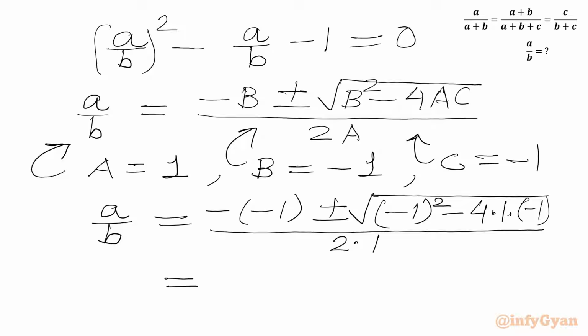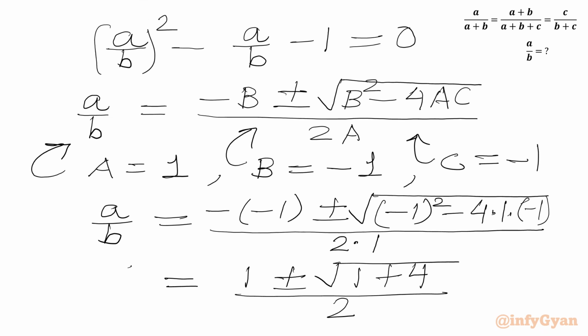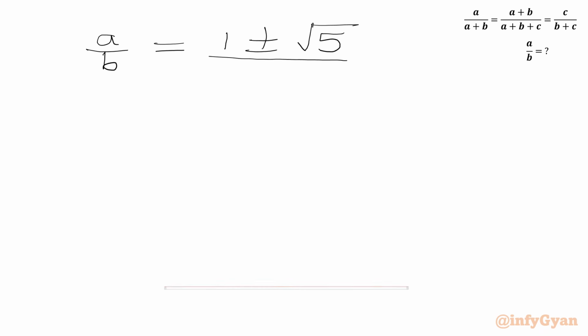Minus times minus becomes plus, so 1 plus minus square root of, minus 1 square is plus 1, minus 4 times minus 1 is plus 4, over 2. This is the value of a over b, which is our required expression. Now we will simplify. 1 plus 4 is 5. So a over b equals 1 plus minus square root 5 over 2.